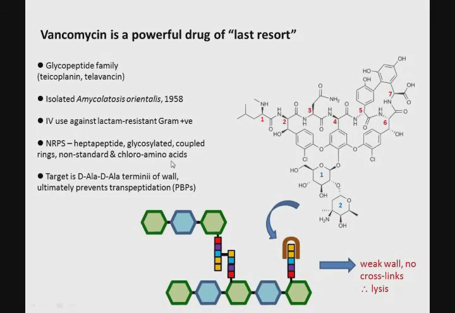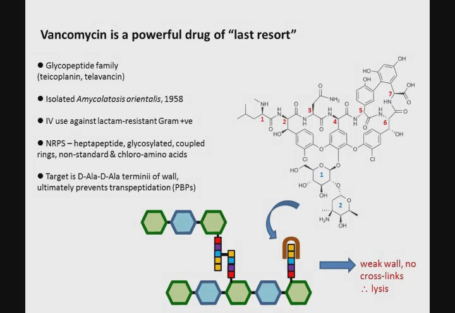And the target for vancomycin, it's really cool, is the D-alanine termini of the wall. But it's completely distinct from beta-lactams. Now I'll show you why in a minute. But it has the same functional blockage of transpeptidation and penicillin binding proteins because they can't get to their substrate.